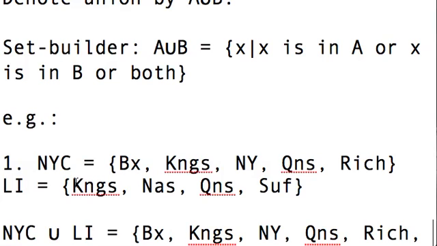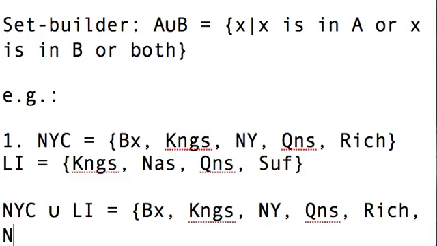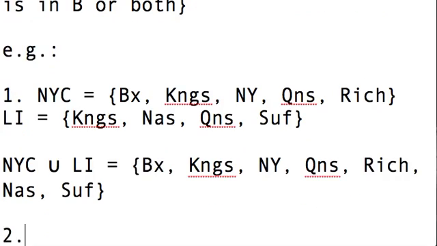I already wrote down Kings County. I have to write down Nassau County. I already wrote down Queens, so let me just write down Suffolk County. There we go. This is the union of New York City and Long Island, at least in terms of counties. Just notice that Kings and Queens are in both, but I only wrote them down once.